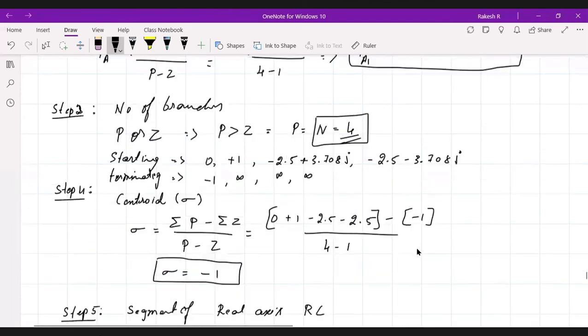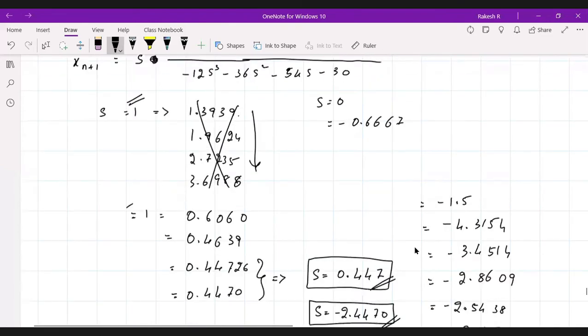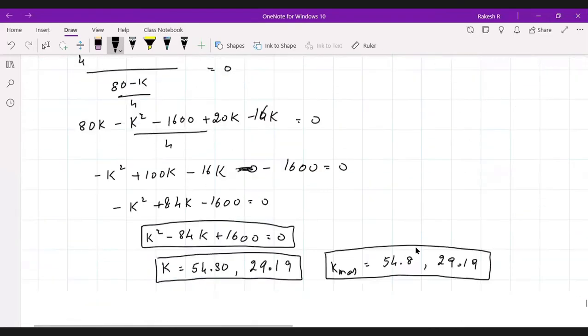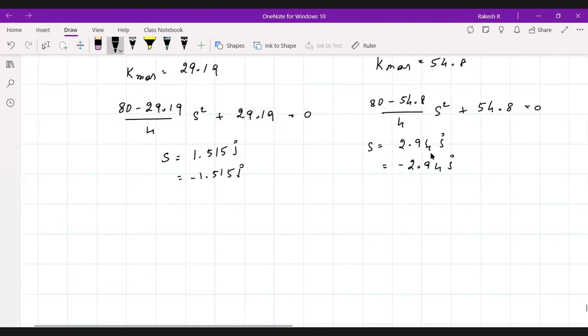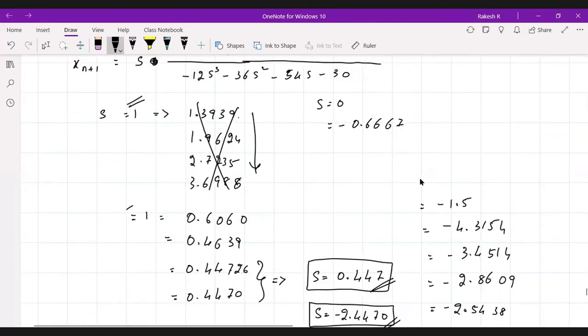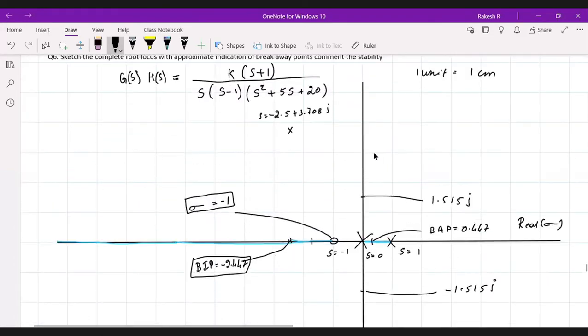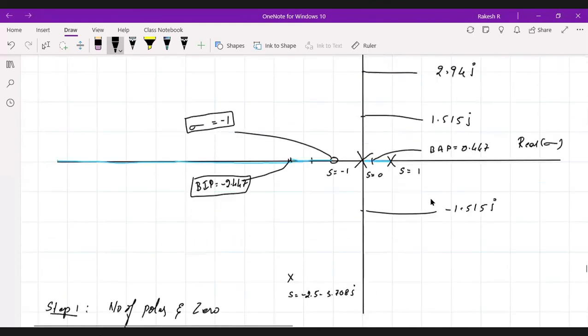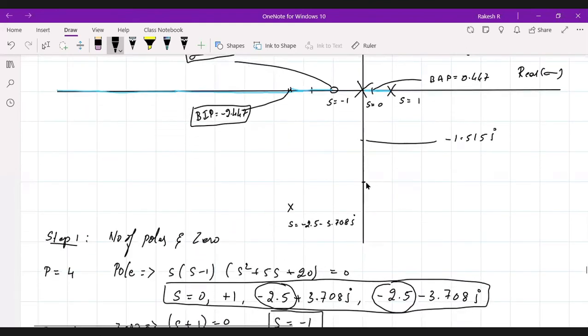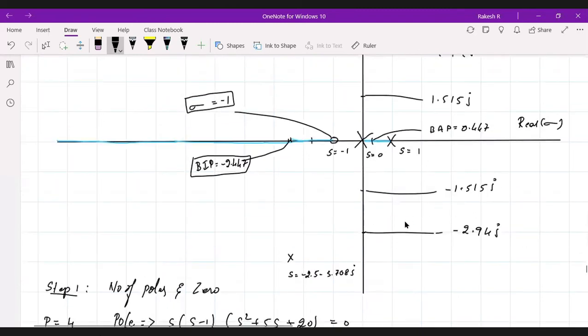Then the next one, how much? Yes, we have got 2.94j. 2.94j is here, and minus 2.94j is here. Right.